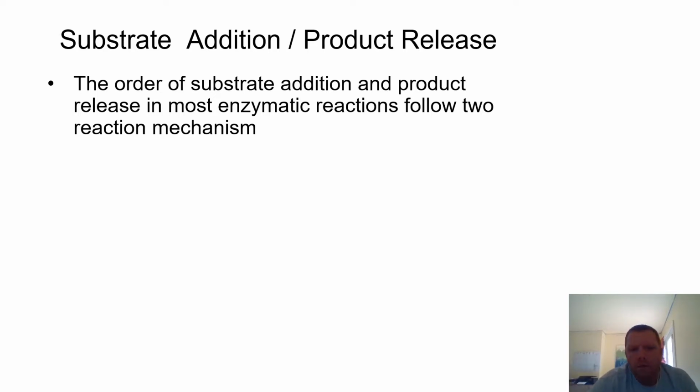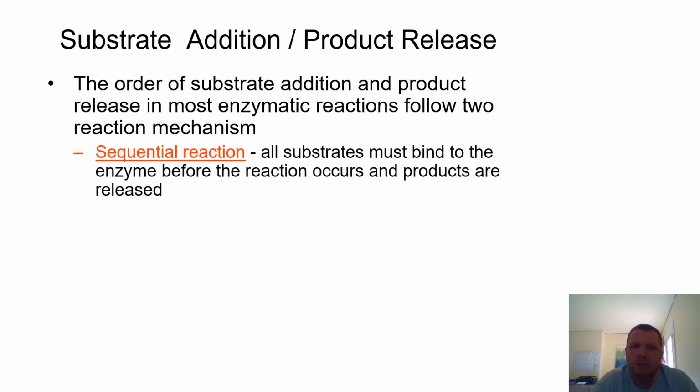The order of substrate addition and product release in most enzymatic reactions follows two different reaction mechanisms. One is a sequential reaction, in which all substrates must bind to the enzyme before the reaction occurs and products are released. We'll look at what that looks like in a schematic in a moment.